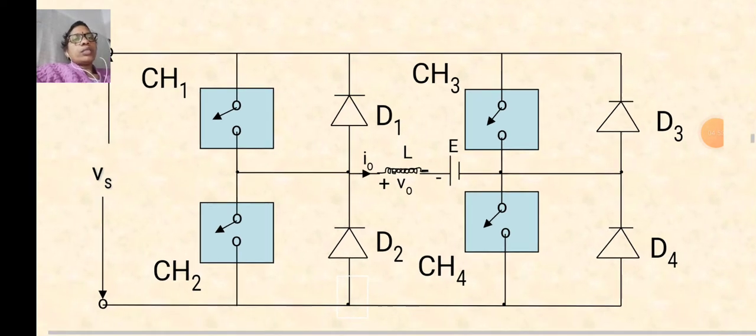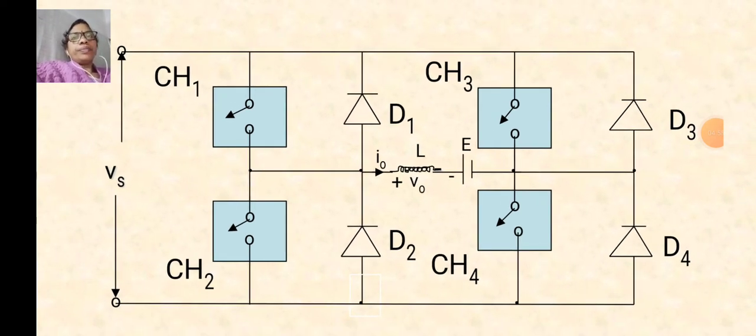In this circuit, the load is in the middle between two series choppers, and the two series choppers are in parallel. So, for the load, on each side one chopper will conduct.